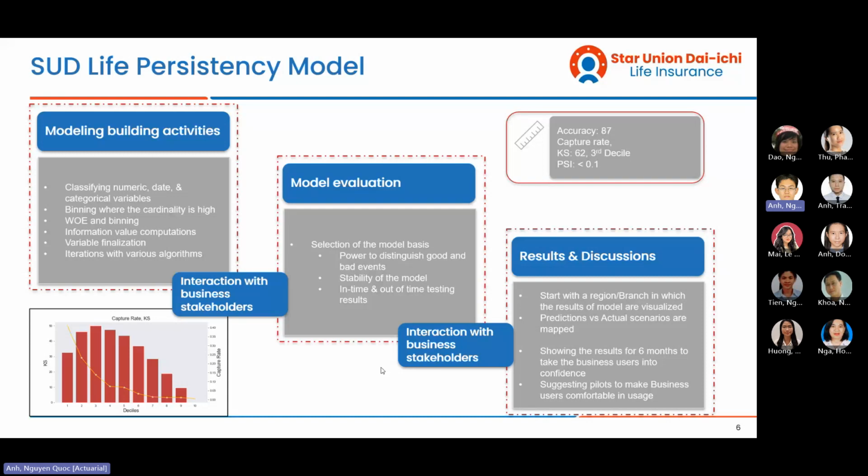Along with that, we would be using one more stability indicator, which is the population stability index, which tells how relevant the model is to the data that is there. As we were discussing earlier, there would be certain trends in the products that we sell. Maybe due to certain scenarios, for a certain kind of product, maybe unit link, the focus is not there much. Earlier it was there, but then the focus shifted more towards traditional products.